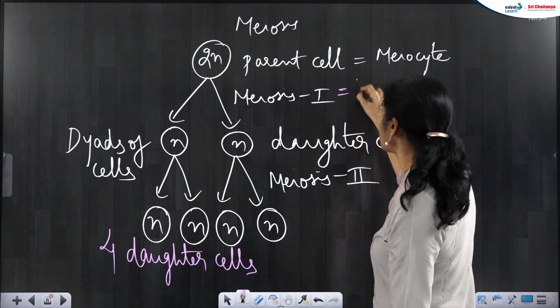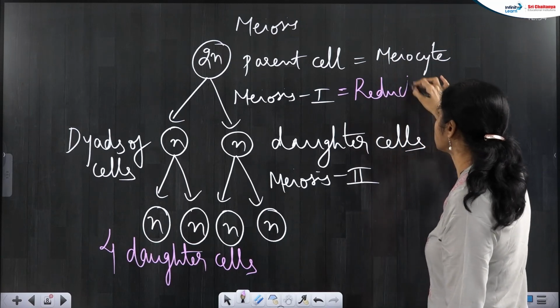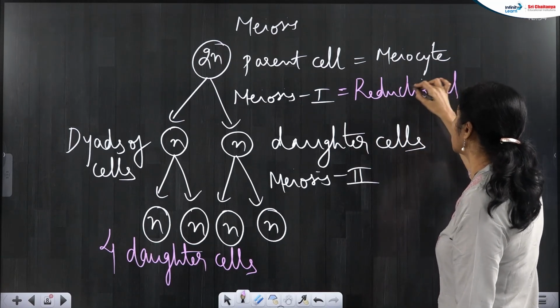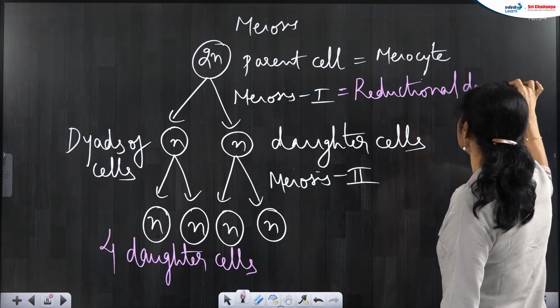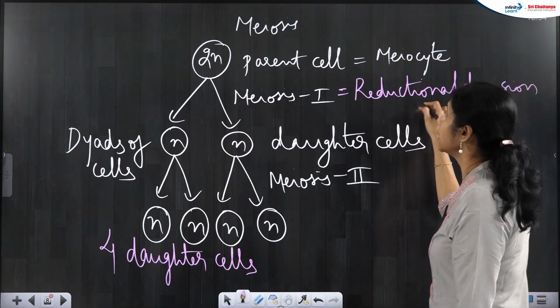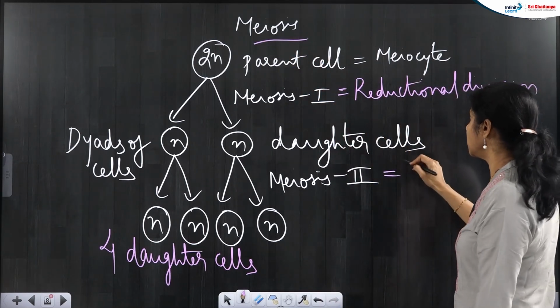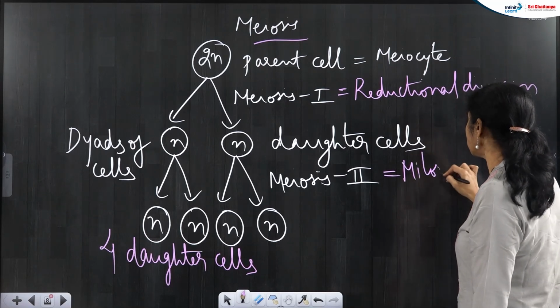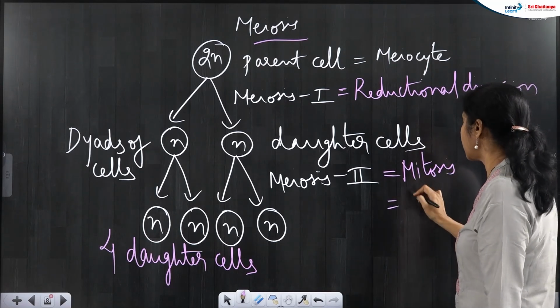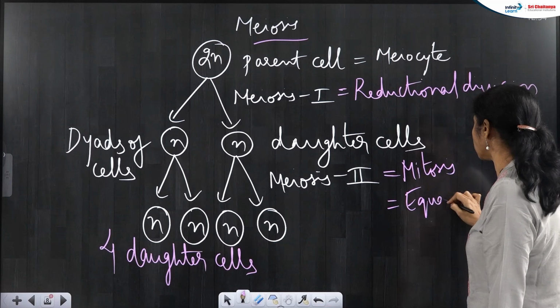Meiosis 1 is called reductional division. If they ask specifically, then you can say meiosis 1 is reductional division, or else this is the name for meiosis altogether. And meiosis 2 is equal to mitosis, or you can call it equational division.